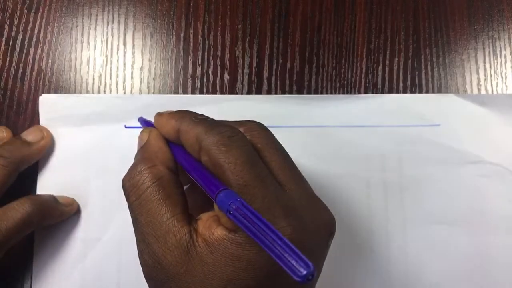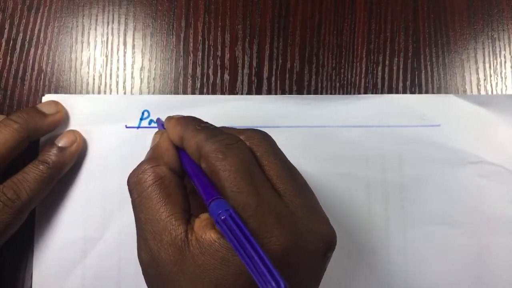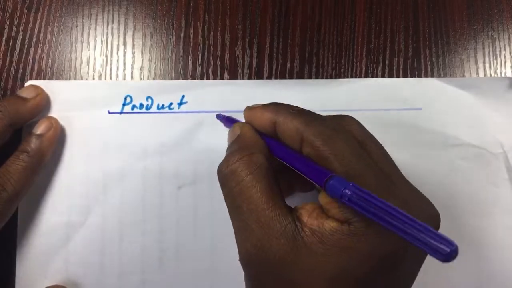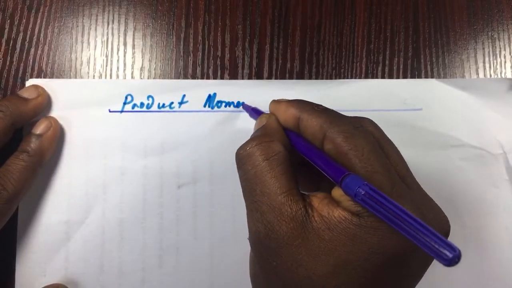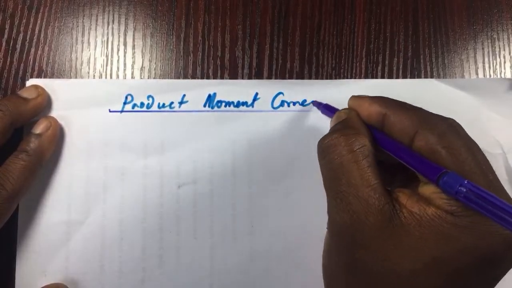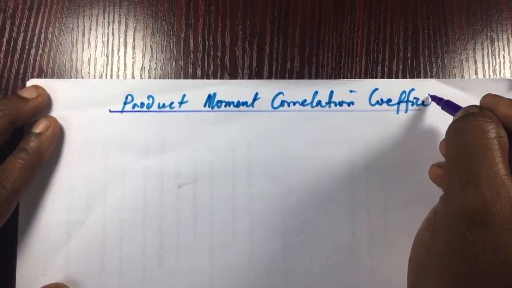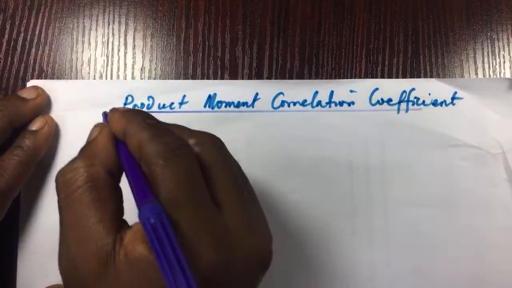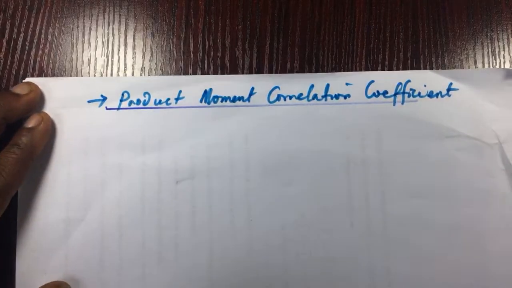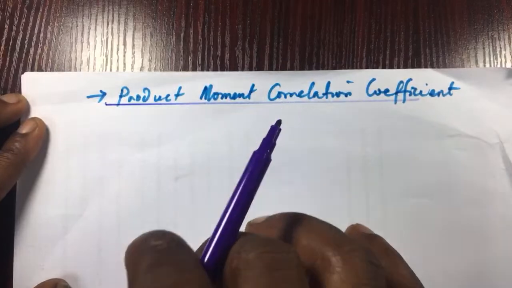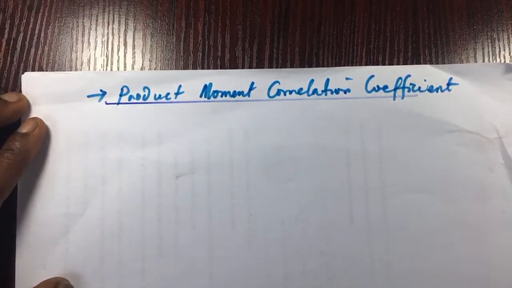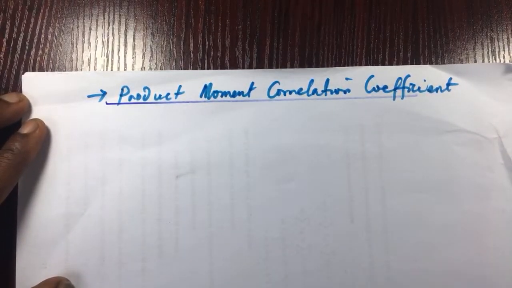Good. So we shall be looking at two things in today's class. We shall be looking at the product moment correlation coefficient, and that is objective number one. We shall be looking at deriving and using the product moment correlation coefficient.